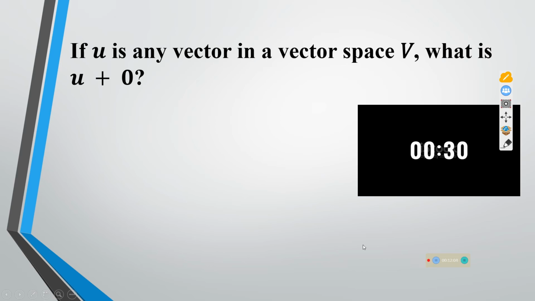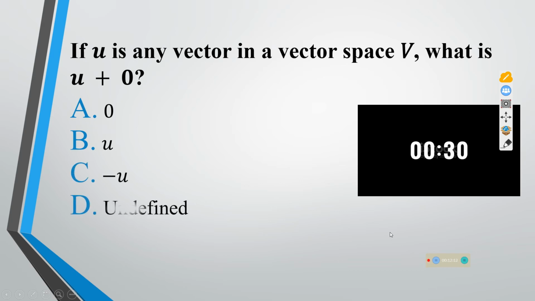If U is any vector in a vector space V, what is U plus a 0 vector? So we do that in the next 30 seconds.